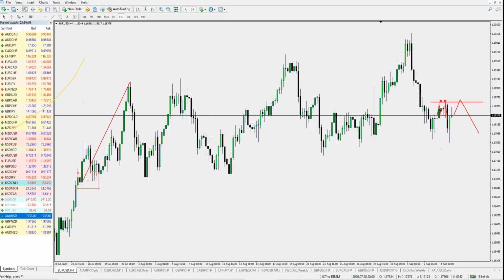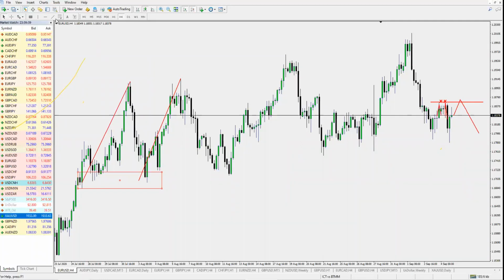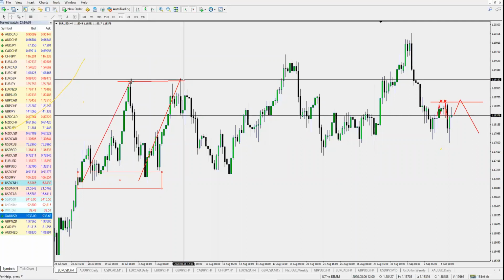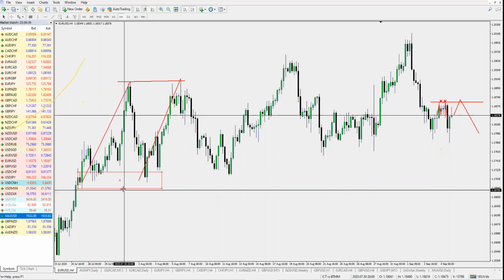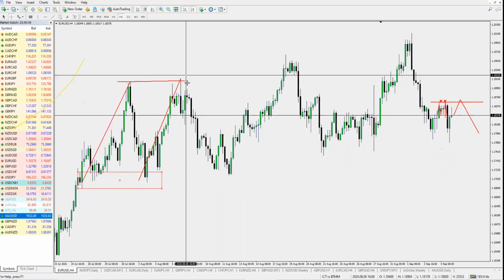And at the same time, price comes in, tests this order block and bounces up again, but essentially this whole range is responsible from this order block here. Then when price comes back down to that order block, again, that order block pushes price up, makes another high. You can see that high is higher than that one, and this is the same order block that created this high, that created this high.